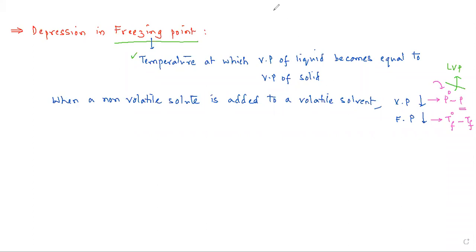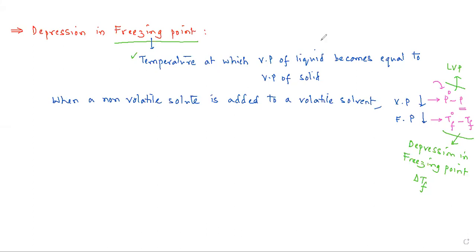Now this can be given as depression in freezing point, represented by delta Tf. So delta Tf is equal to T naught F minus Tf.